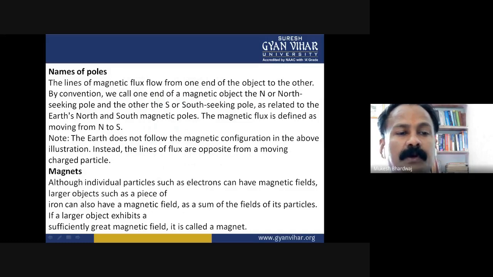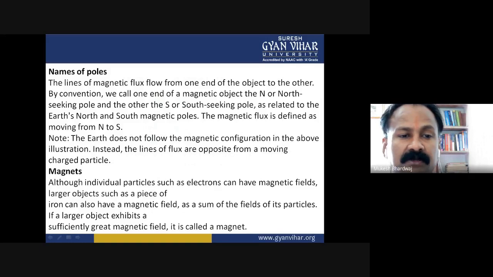As related to Earth's north and south magnetic poles, the magnetic flux is defined as moving from north to south. This is the most important line. The direction of flux lines is from north to south.